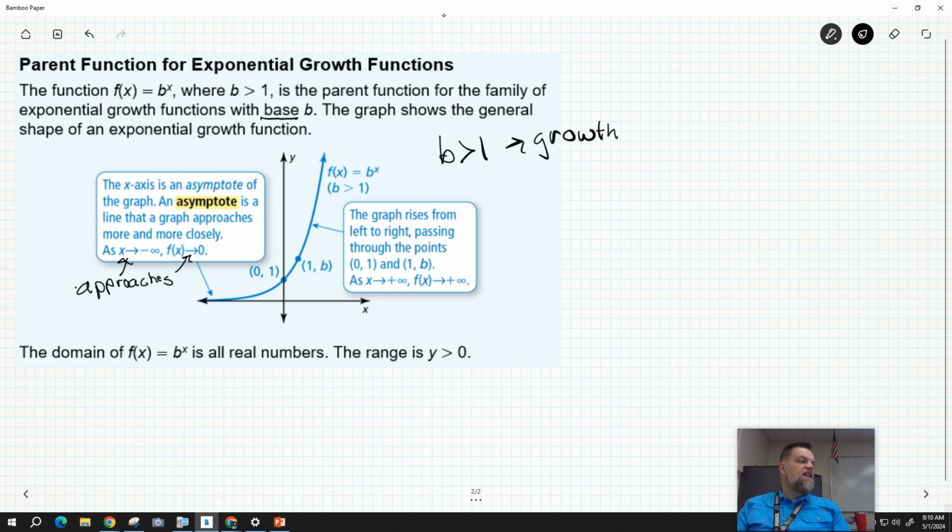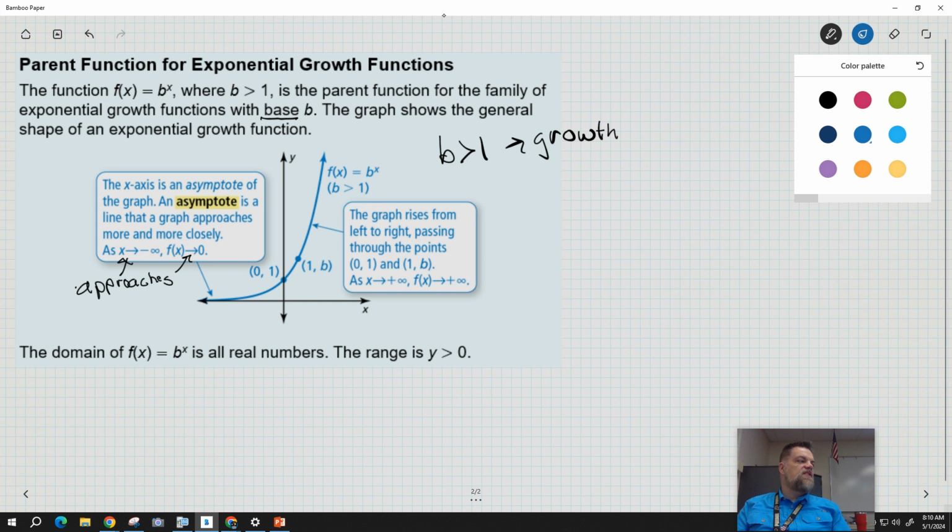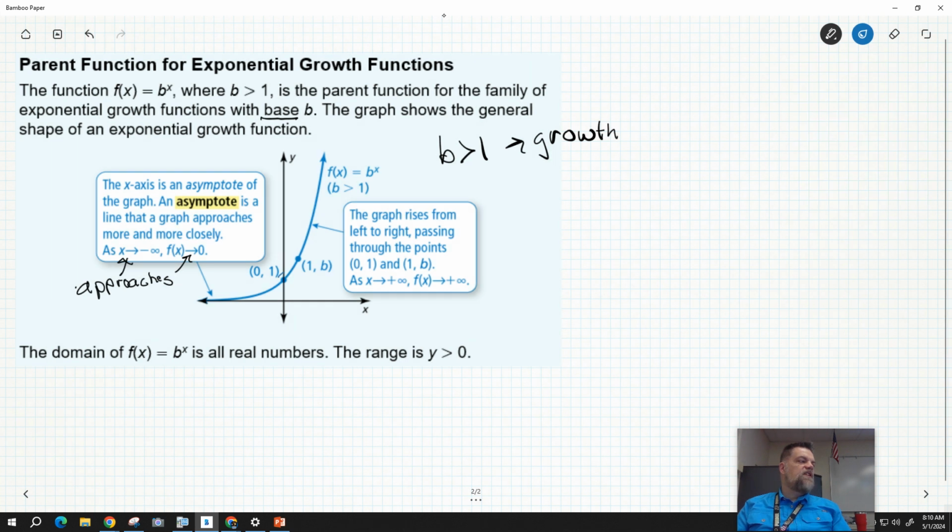So what they're saying is that as x approaches negative infinity, in other words, if I go this way, that little blue line, if I follow this curve this way, and I go on forever, my y value will be close to 0, but it never crosses 0.